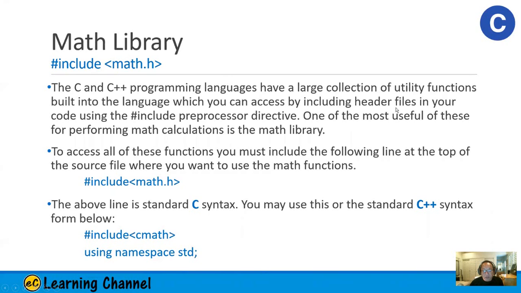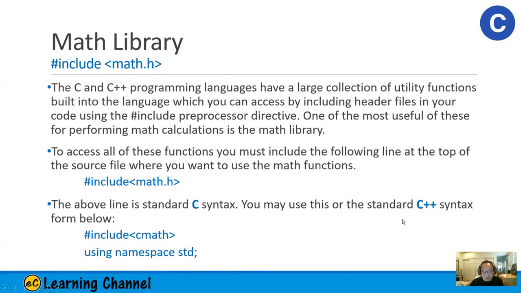The header file makes the compiler search for the library in a certain library directory, using the include preprocessor directive. One of the most useful of these for performing math calculations is the math library. To access it in C, you include math.h.